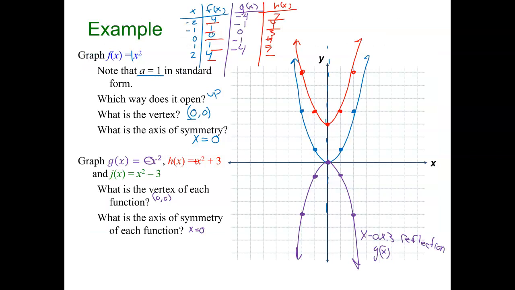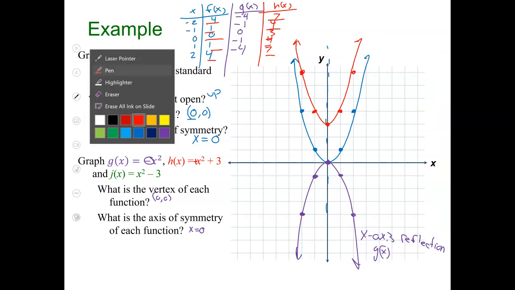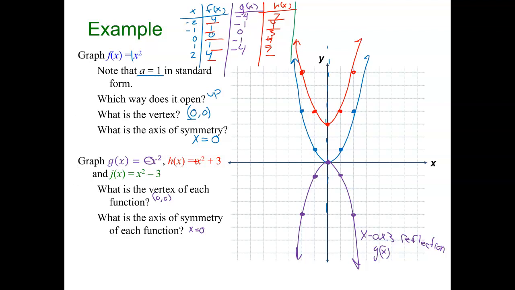All right. So now let's look at j of x. Let's use some inferencing, so we don't even have to calculate. If h of x was adding 3 to my y values in order to get my new points, j of x is going to do what to the y values? Subtract.